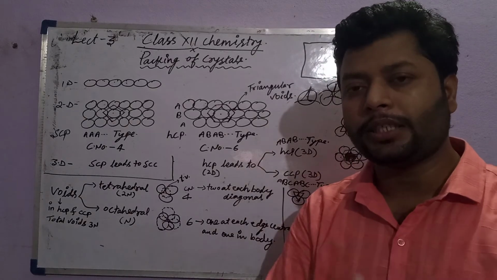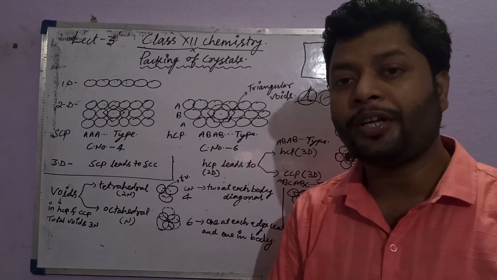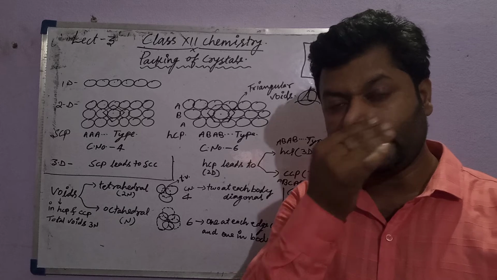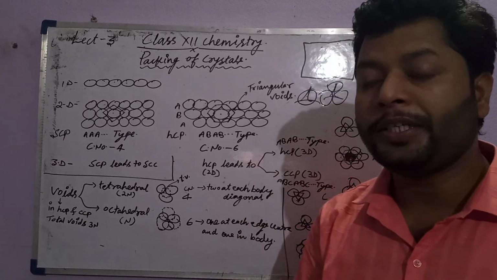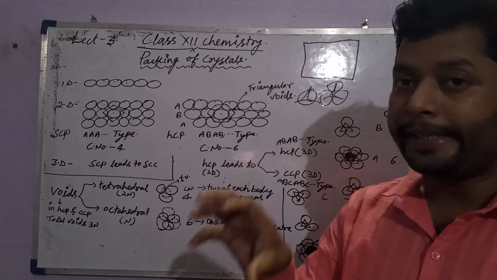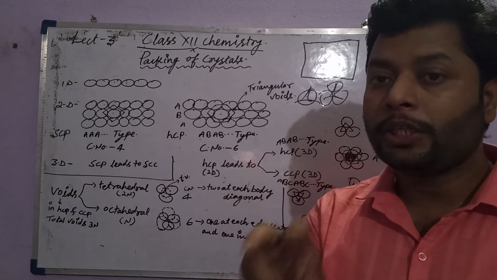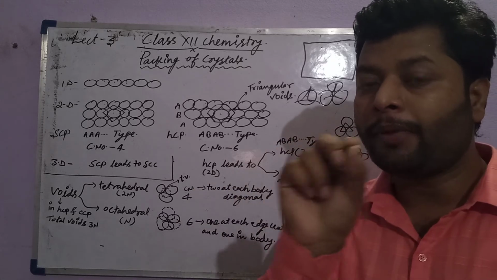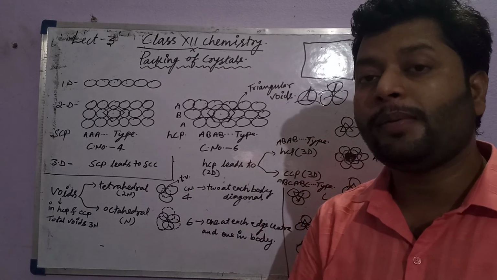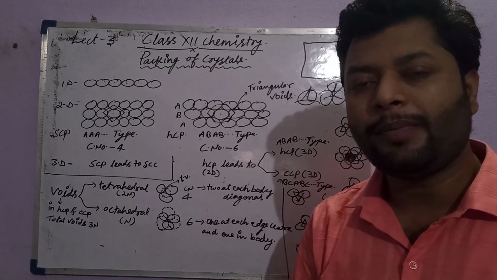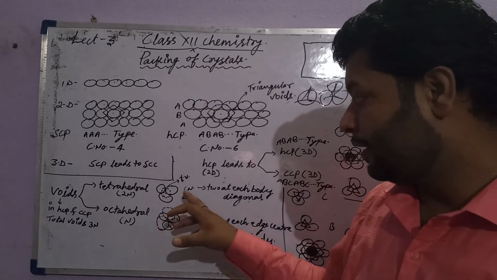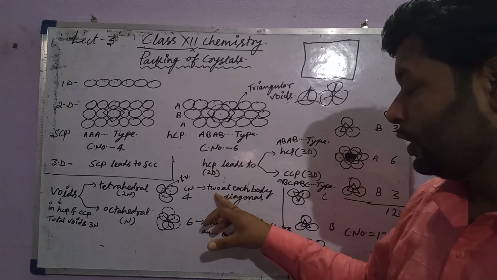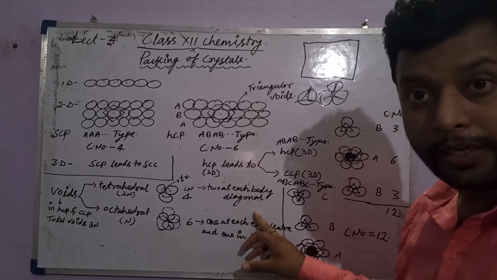In a cubic structure, there are 4 body diagonals, and tetrahedral voids are located 2 per body diagonal, so the number becomes 8.